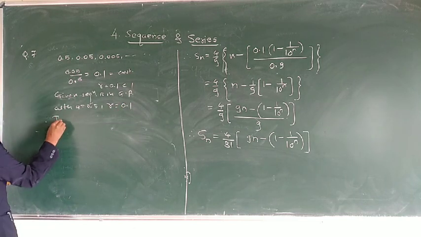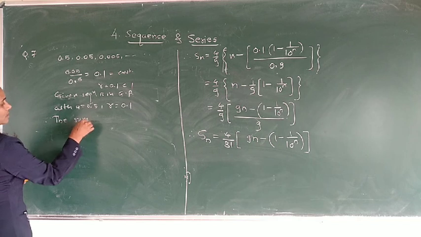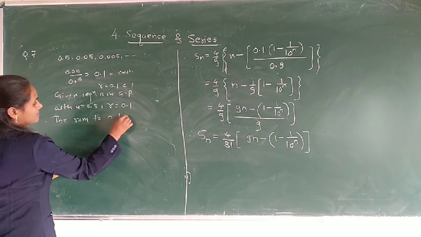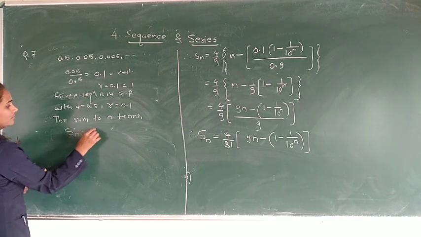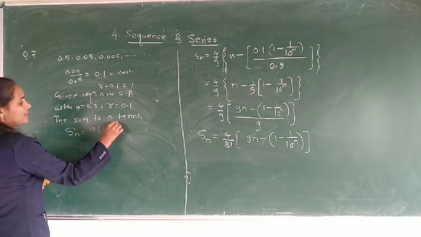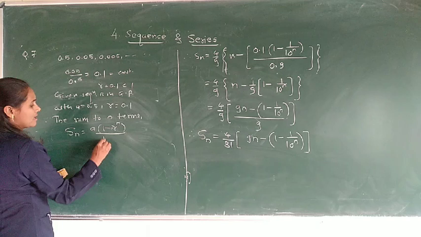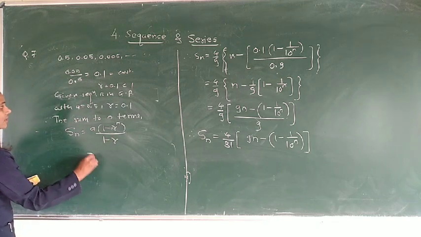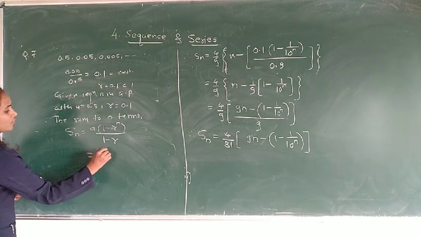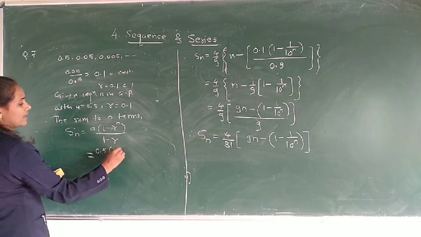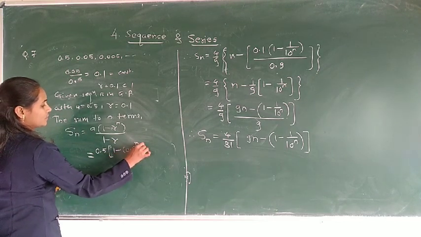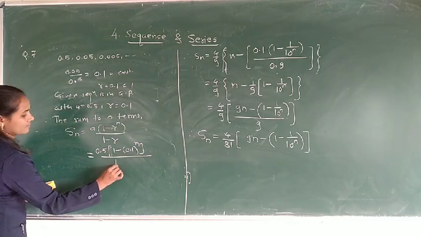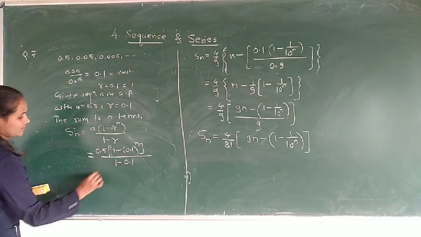Therefore, the sum to n terms is Sn equal to a into 1 minus r to the power n, divided by 1 minus r. What is the value of a? 0.5, in bracket 1 minus 0.1 raised to n, divided by 1 minus 0.1.